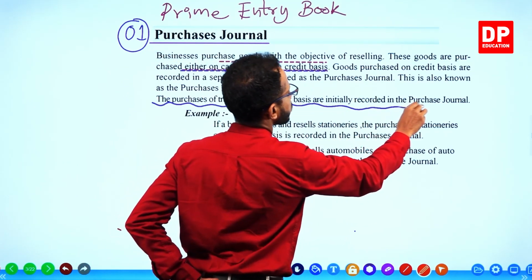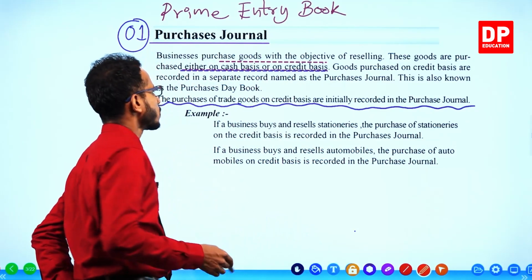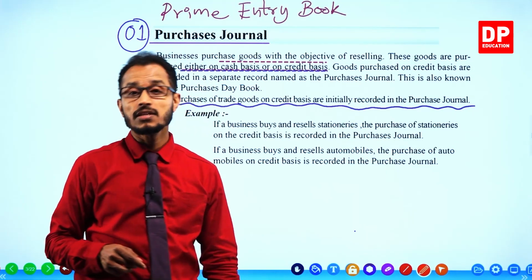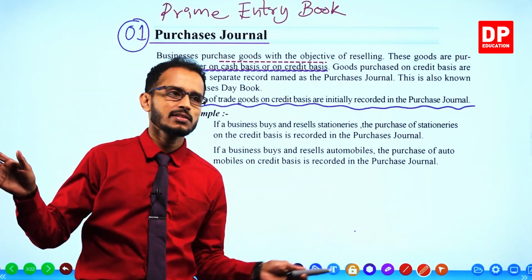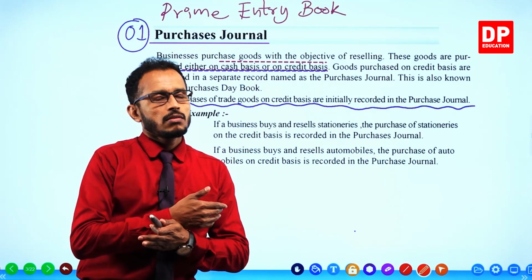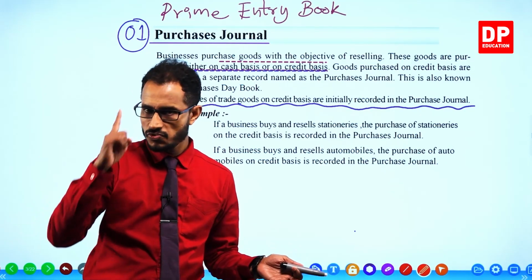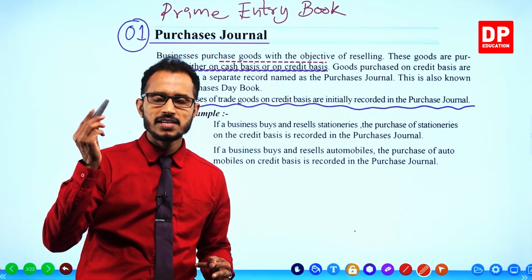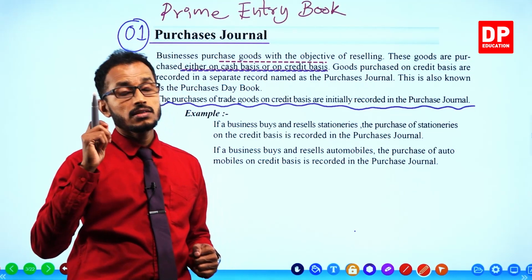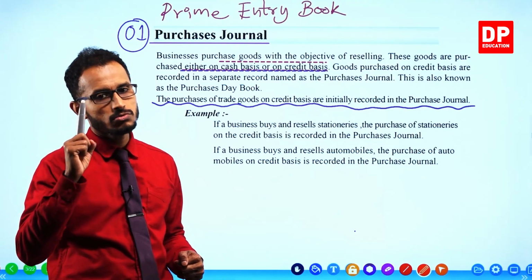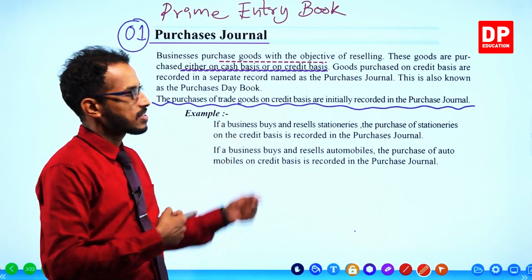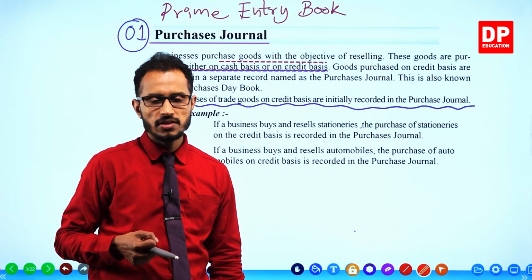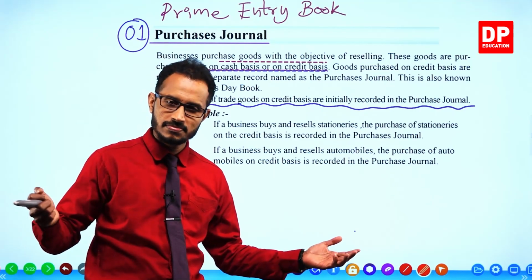Initially means before you enter the transaction in any other place, the very first place that you should record the credit purchases of trading goods is the purchases journal.